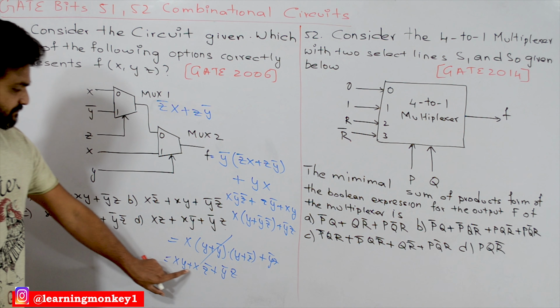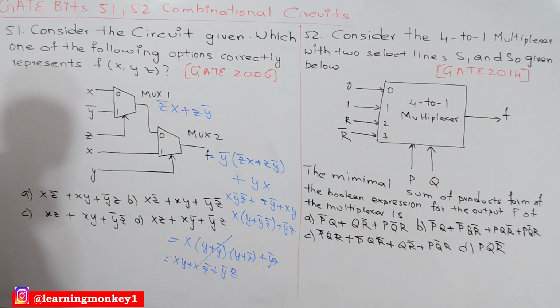Which option is this equivalent to? It is xy plus xz bar plus y bar z. So the right option is 1.